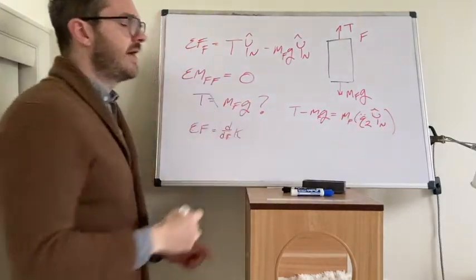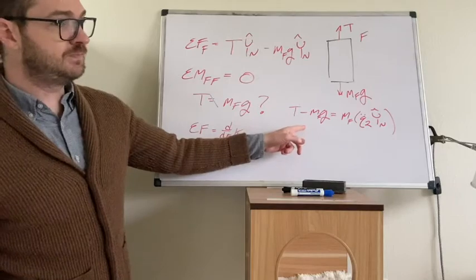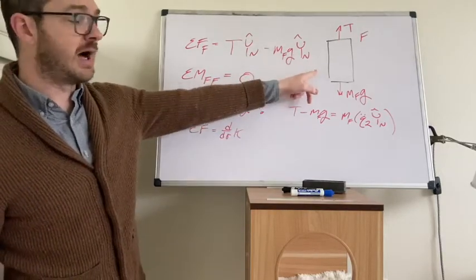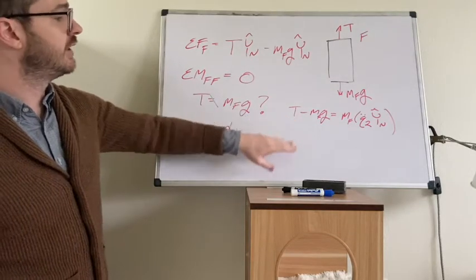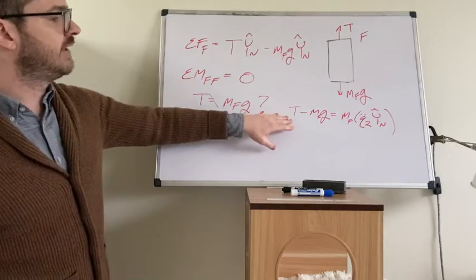Now, we haven't gotten into this part in detail, but this literally is the equation of motion for this block. Notice we don't know what the tension is. The tension is currently an unknown. If we wanted the final equation of motion, we would have to get rid of T.